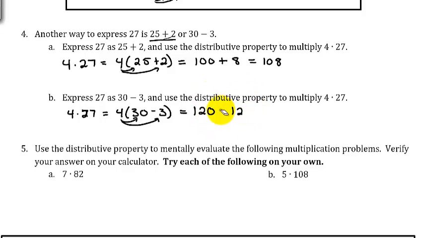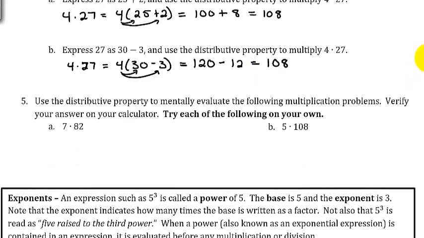Oops, that should be a minus sign in there too. And if you take 120 and subtract 12, you do in fact get 108. And we already checked this on our calculator, so we know that 4 times 27 is in fact 108.